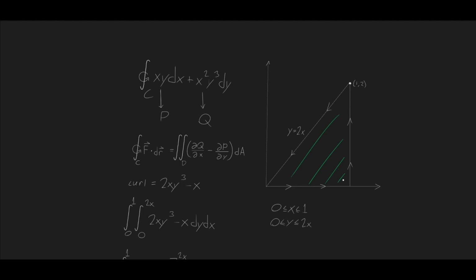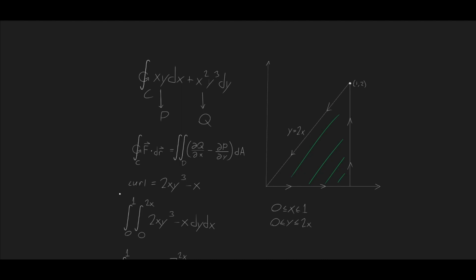To define our bounds, I've written them here. So x is from 0 to 1, so from here to here. And y will be from the line y equals 0 to y equals 2x. Then we have to find the curl for F, and in this case P is x times y and Q is x squared times y cubed.